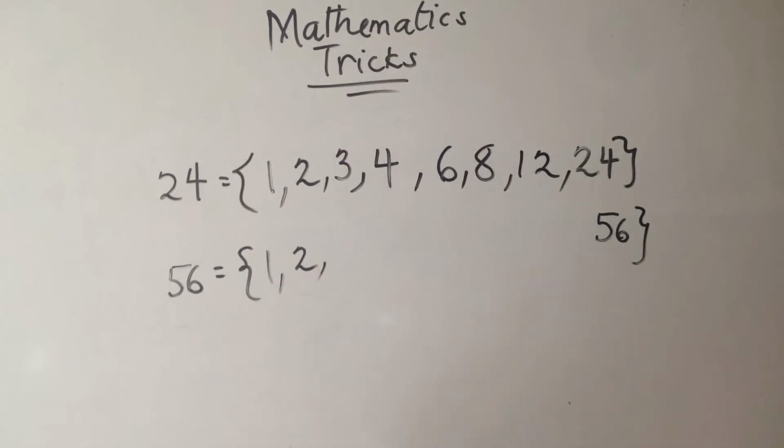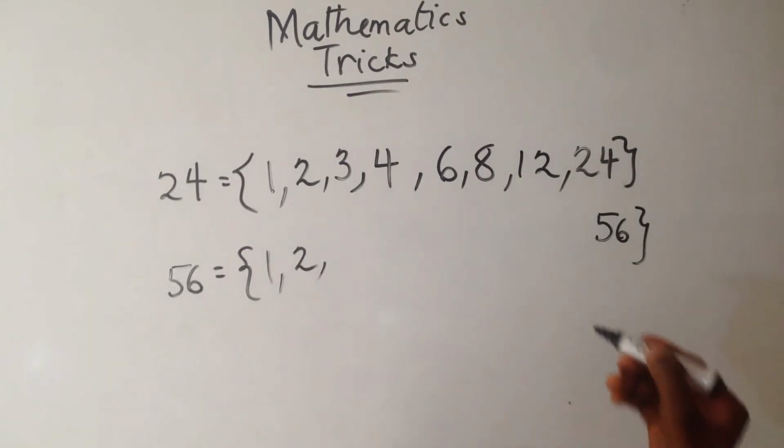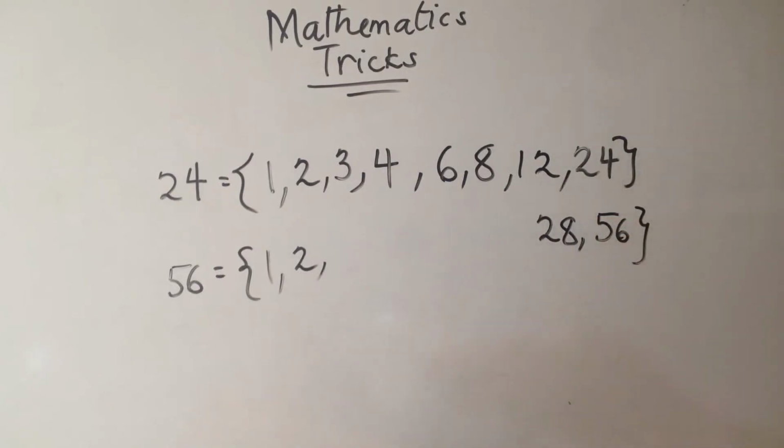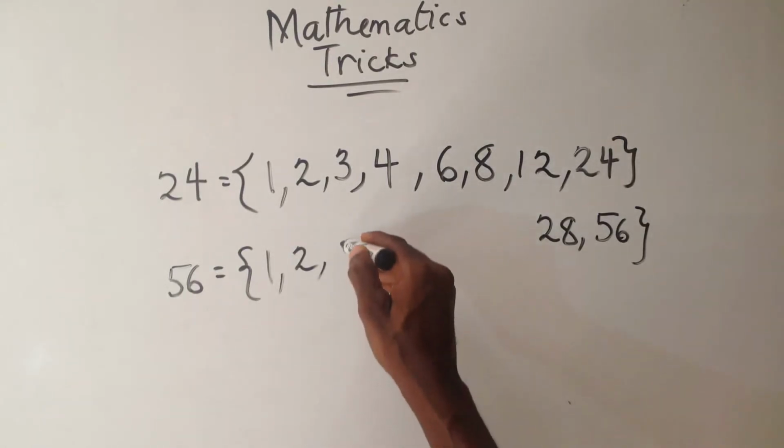Okay, so 2 multiplied by 28 produces 56. Now, 3 cannot divide 56 without a remainder, so we'll move on to the next number, which is 4. Now, 4 can divide 56 14 times.